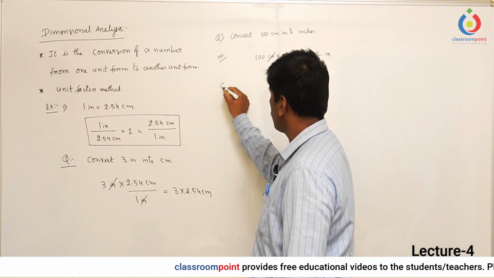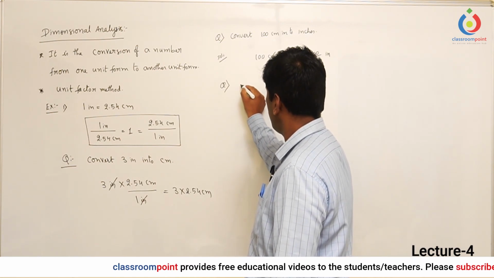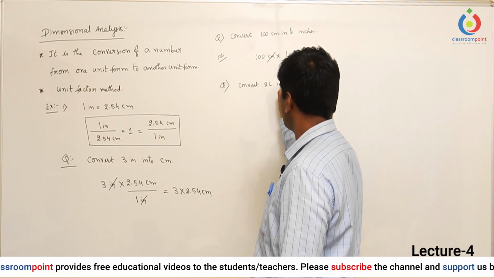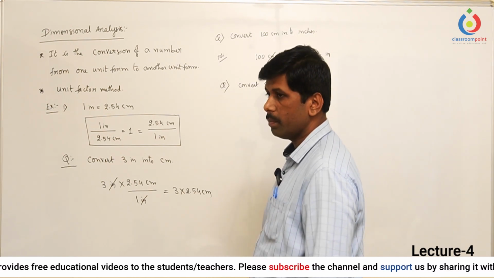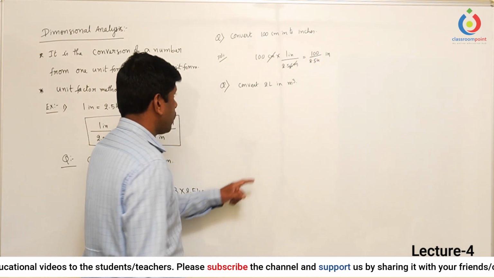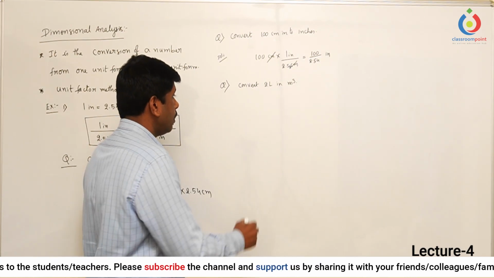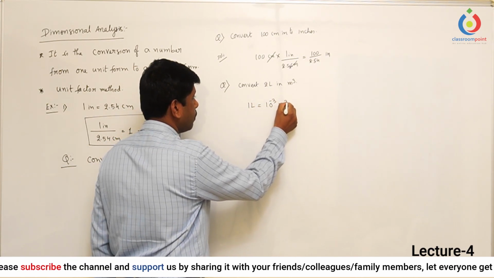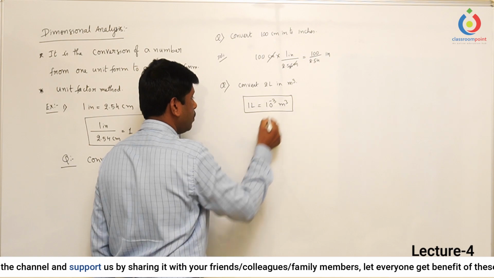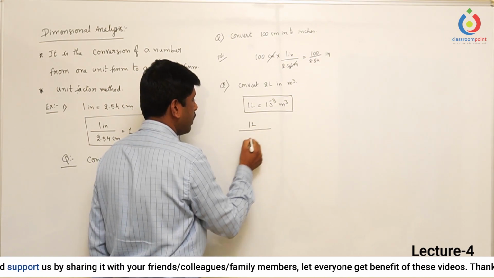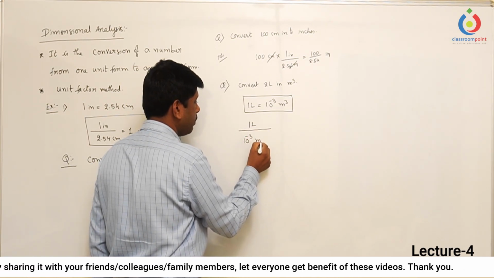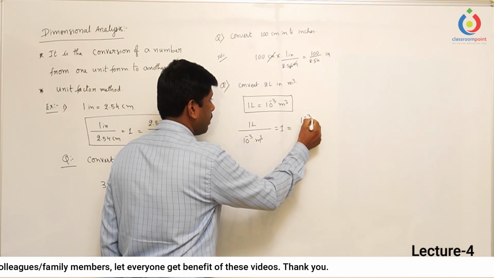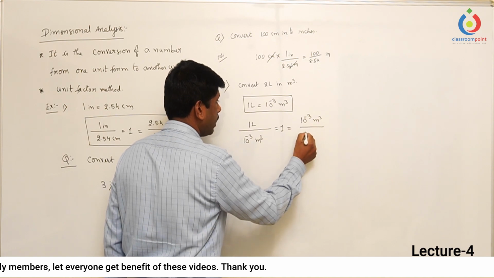Now let us take another question where they are asking us to convert 2 liters into meter cube. First of all, we have to write down its unit factor. So 1 liter is equal to 10 power minus 3 meter cube. This has to be converted into the unit factor, that is 1 liter divided by 10 power minus 3 meter cube is equal to 1, which also equals 10 power minus 3 meter cube divided by 1 liter.